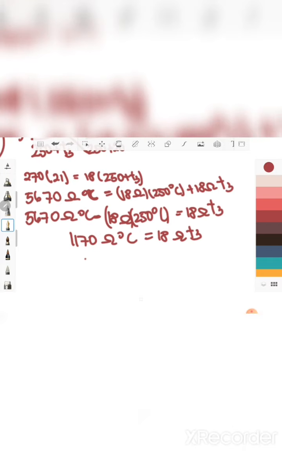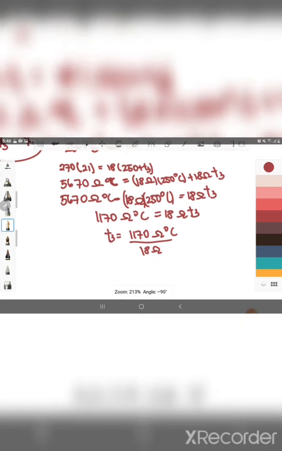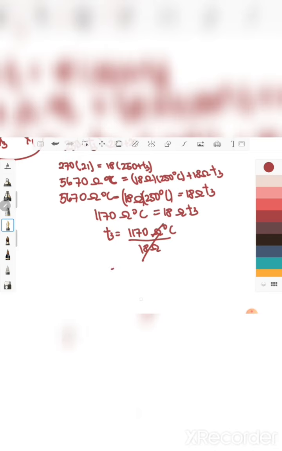Okay, solving for the value of T3, let us divide both sides by 18 ohm. So we have our T3 is equal to 1170 ohm degrees Celsius divided by 18 ohm. Okay, so therefore we have 1170 divided by 18 is equal to 65 degrees Celsius. This is your temperature at T3.